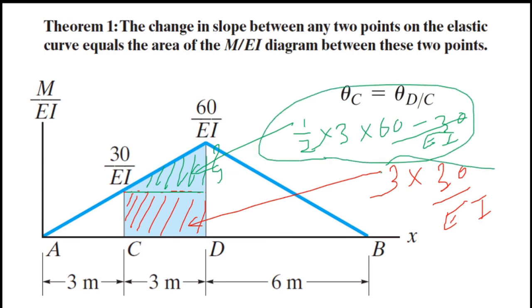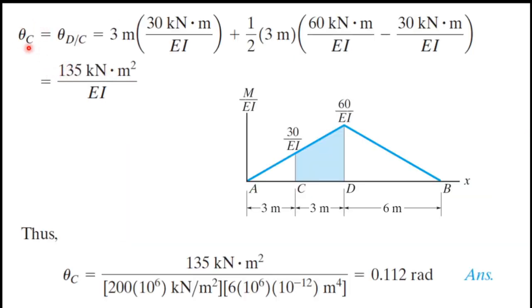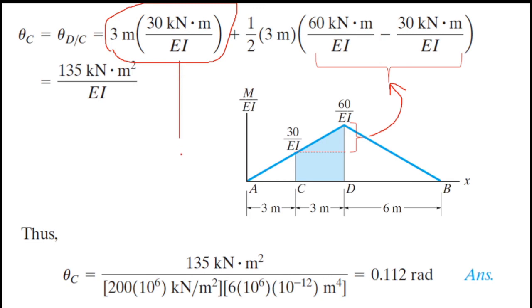So I will show you the equation clearly written. Here you can see theta C equals theta DC equals 3 times 30 plus half times 3 times (60 minus 30) over EI. So you can see this height is 60 minus 30. This is the area of this rectangle.